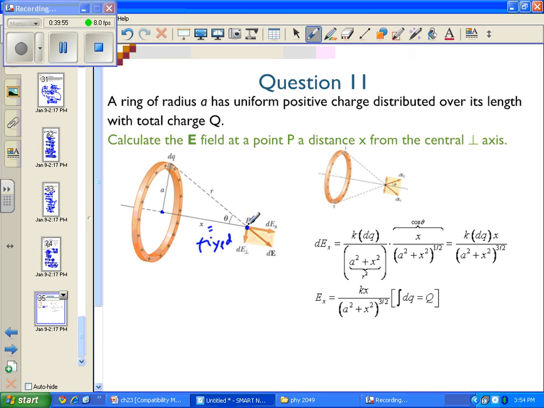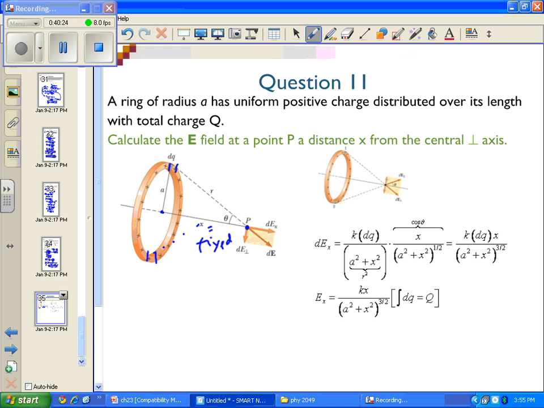Well, here, to save ourselves a lot of labor, we can go ahead and play the same game of symmetry. And what we notice here is that when we use this dq here, we get a dE with an x component. See, this is along the x-axis. And let's call it a y component, which is downward. What happens when we get a dq here?